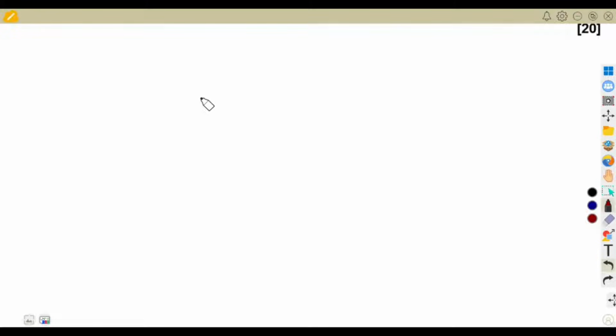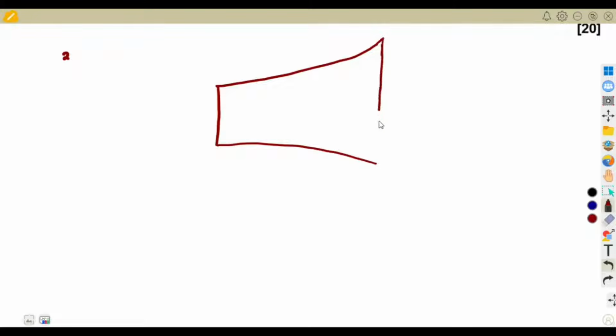Let us have a sketch of a convergent divergent nozzle, something of this nature, a combination of a convergent and a divergent section.